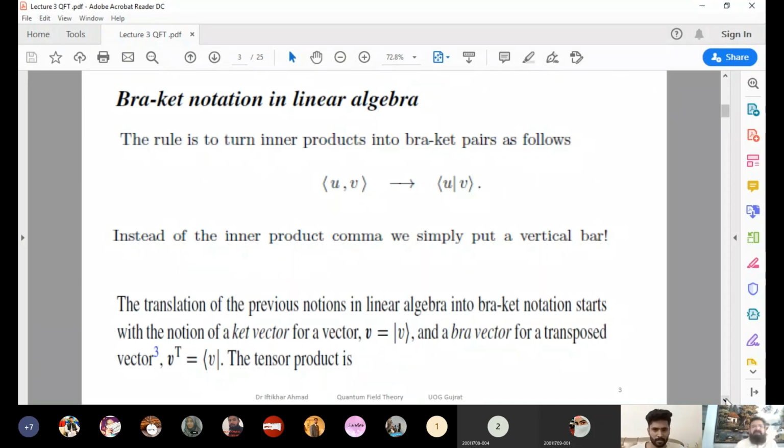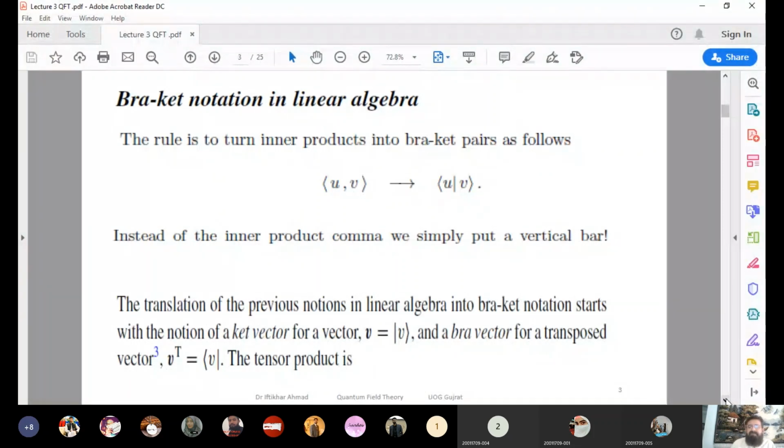In the previous lecture, I already told you about Bra-Ket notation in linear algebra. The rule is to turn the inner product into Bra-Ket notation. Simply remove the comma in the inner product and add the vertical bar.